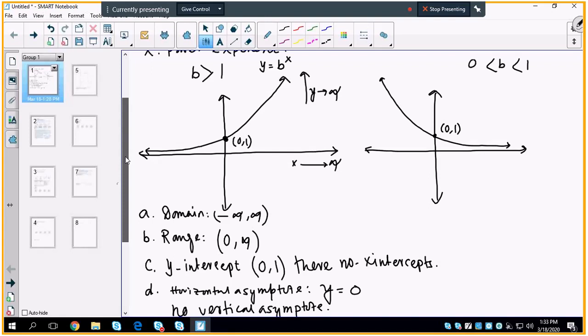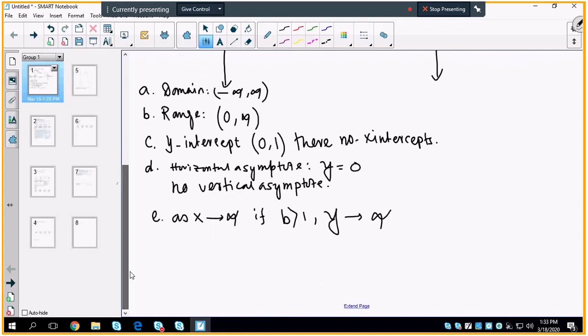But when x is going to negative infinity on the left-hand side, the graph is getting closer and closer to the height 0. So we're going to write it down. And as x goes to negative infinity, if b is greater than 1, y goes to 0.